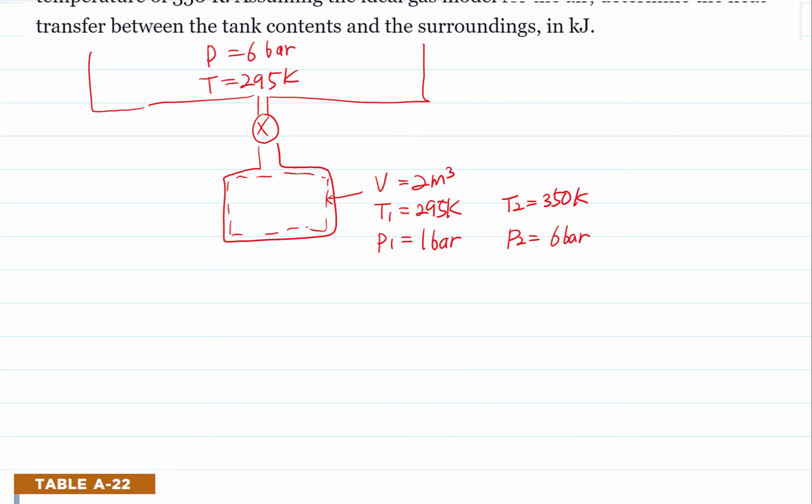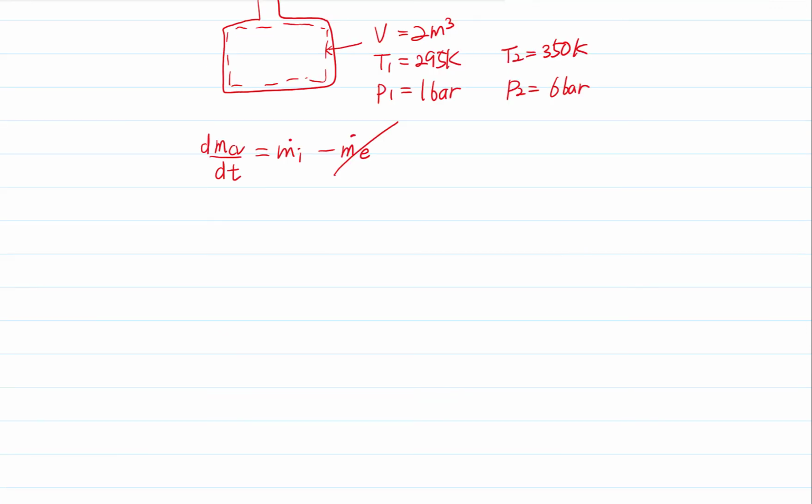Let's first apply the mass balance. This is a transient problem. dm over dt is m dot i minus m dot e. Fluid is going into the system, but there is no fluid going out of the system, so m_e drops out. And apply the energy balance equation. There is no shaft work, so W dot drops out.